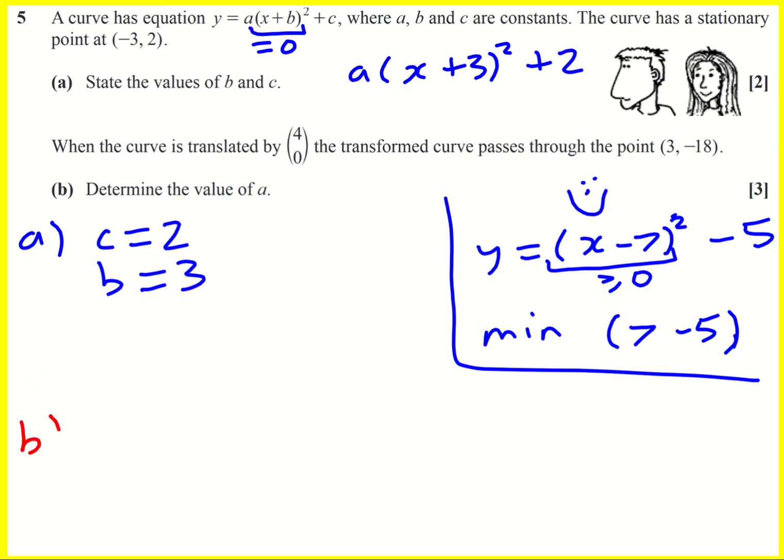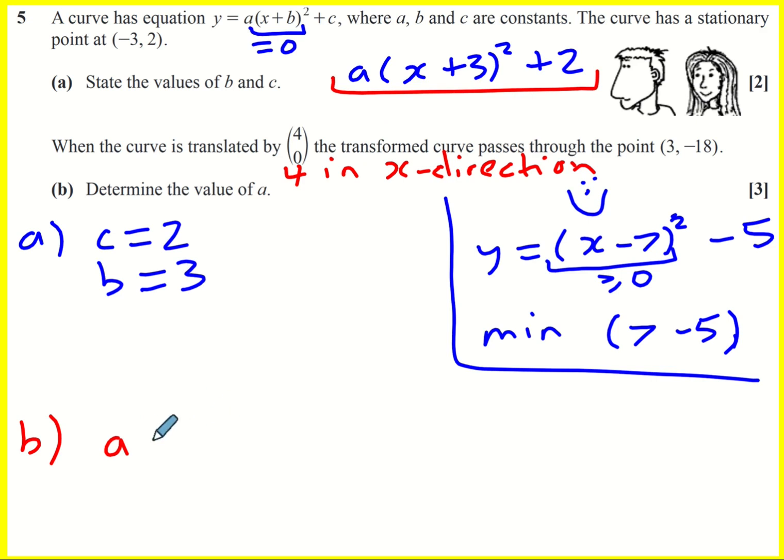For part B, we're told that the curve is translated by (4, 0). That is 4 in the x direction. And then it passes through the point (3, minus 18). So we can now take our curve and perform a translation of 4 in the x direction.